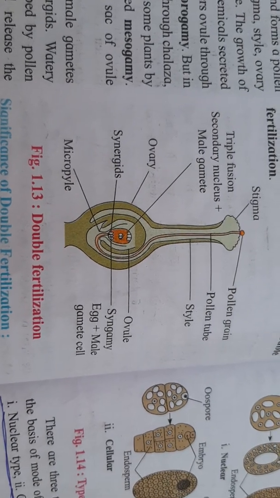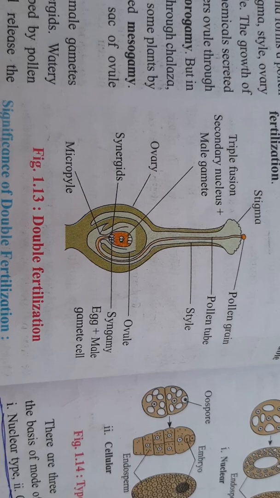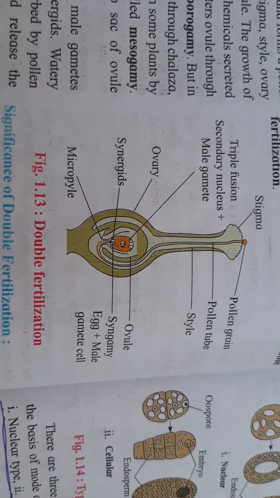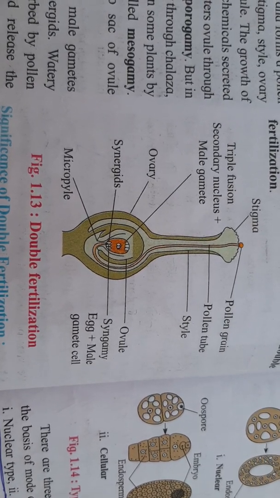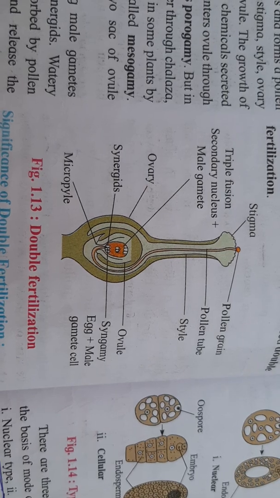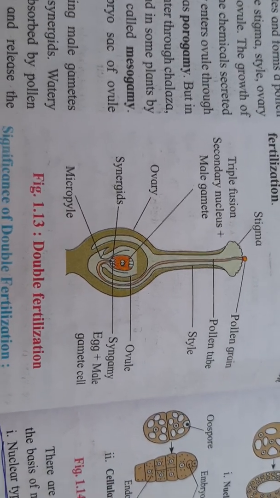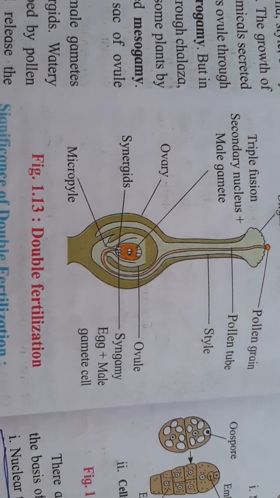One male gamete fuses with the egg, in the central portion of the ovule. This fusion is called syngamy: the egg plus the male gamete fuse to form a zygote.